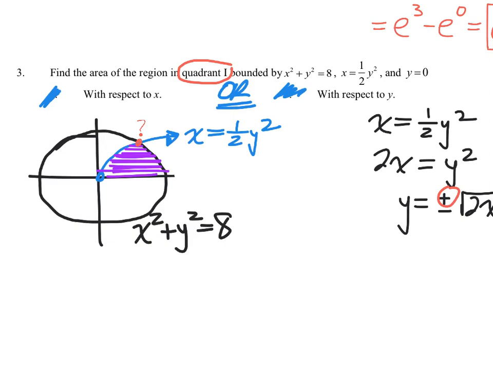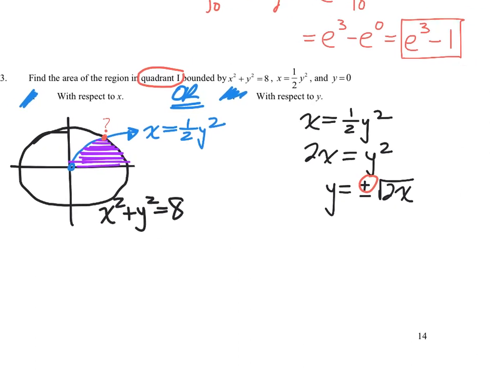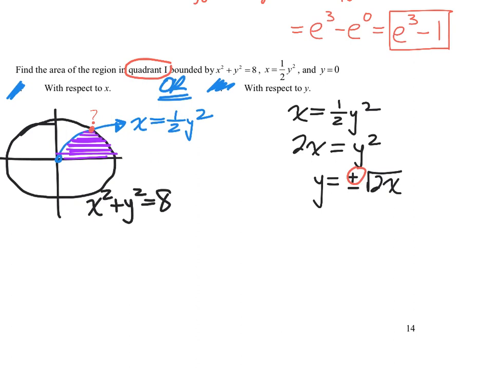Now, the good news is it's not a bad deal, because you could do it on the calculator like we did before, but this one's actually even easier because I have a direct substitution. In the process of solving for y in terms of x, I actually came up with an equality between y squared and 2x.